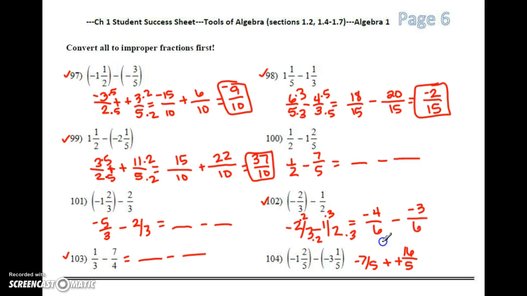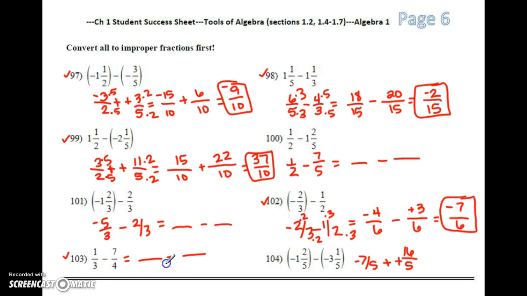So here, oops, I already put my subtraction, so I really don't need, it's 3. 1 times 3, 3. And I've already got my negative here. So -4 minus 3, they're both negatives. So that's going to be same sign, add, and keep. And the denominator is 6.